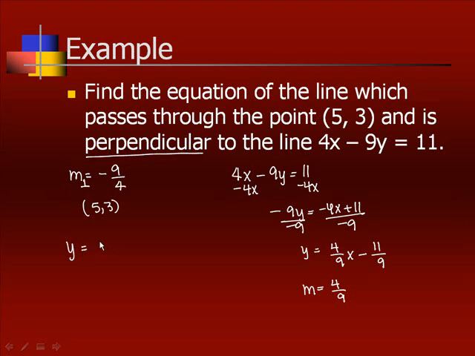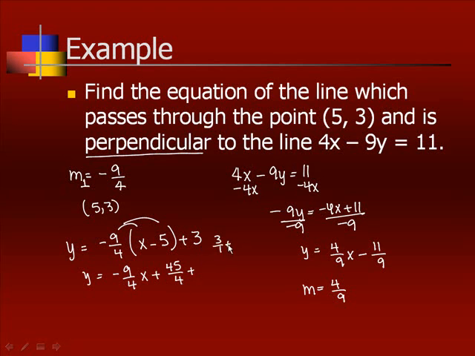So y equals the slope, which is negative 9/4, times x minus the x value plus the y value. So y equals negative 9/4 x plus 9/4 times 5/1 would give us 45/4 plus 3.